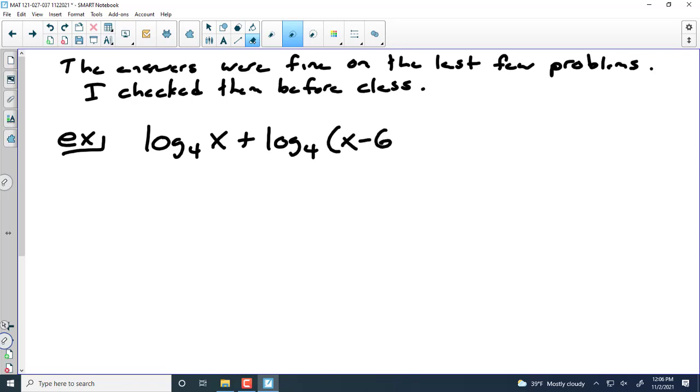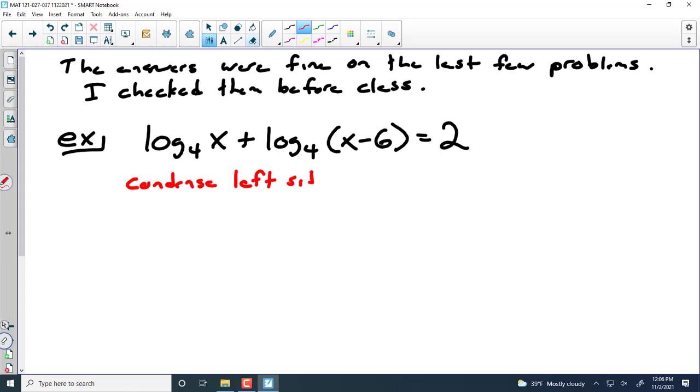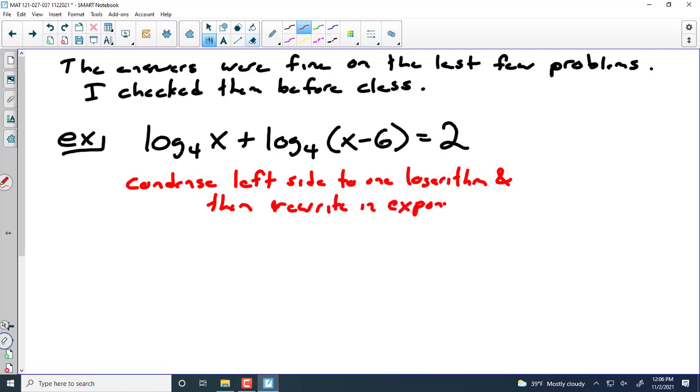You see, that removing the logarithms idea seems so desirable that we want to do it even when we can't do it. This one is not going to be a remove the logarithm problem because this one has a number on one side. We will rewrite in exponential form, but first we will condense the left side to one logarithm, and then rewrite in exponential form.